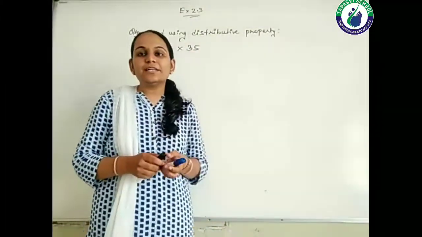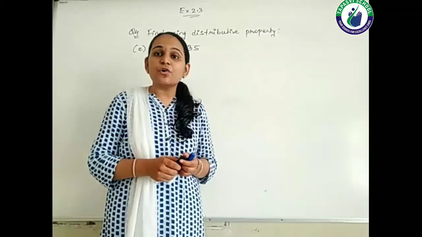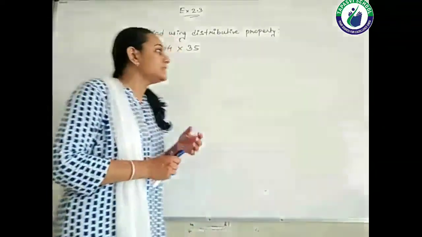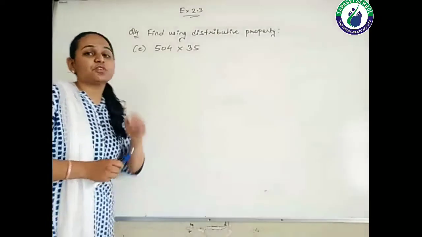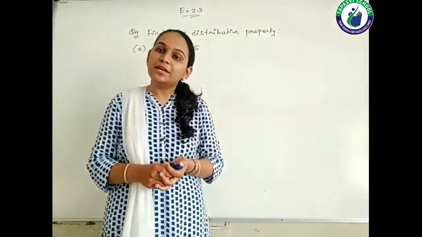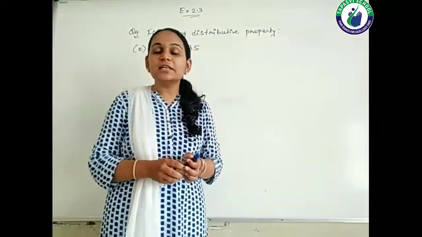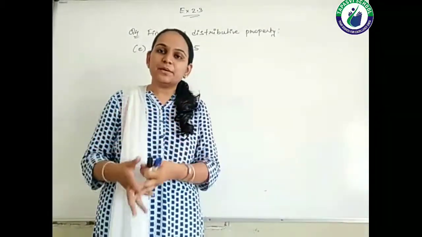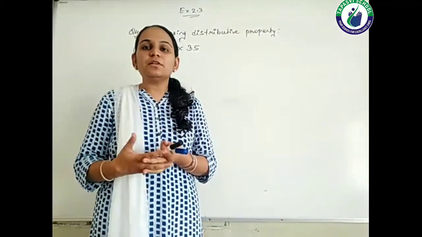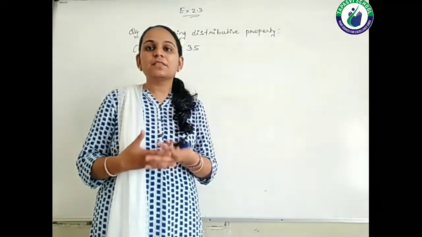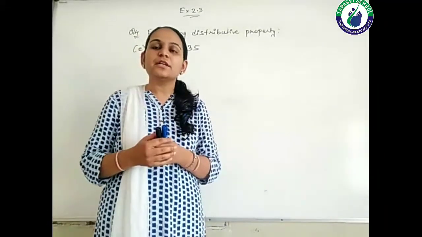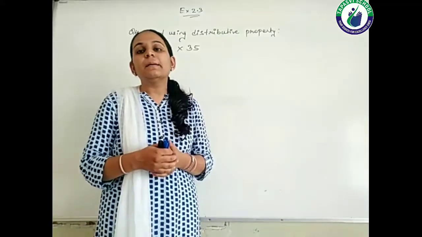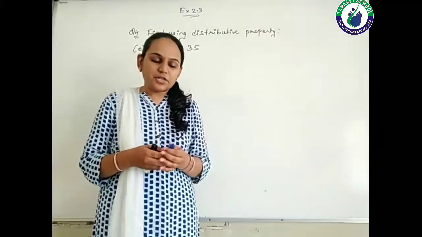Okay students, now let's see the last question of this question number 4, that is 504 into 35. So let's solve this. Now here you can write 35 as a combination of 30 plus 5, right? You can write the combination as 25 plus 10, that is also allowed, but try to choose the numbers in such a manner where your multiplication task gets reduced.